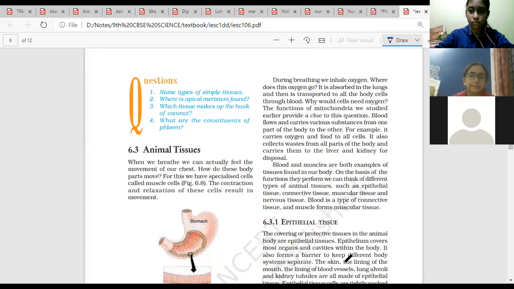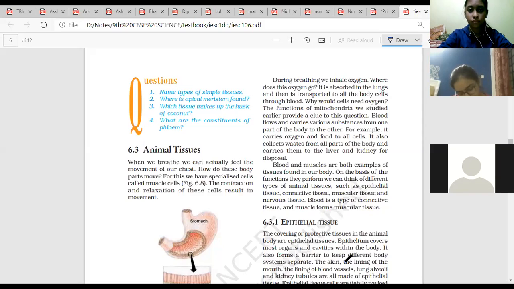Then there are stratified squamous epithelial. Then cuboidal, depending on the shapes of the cells, then columnar. Then there are glandular ones, with cilia present over them. Gland-like structures secrete some chemicals, so they are also called glandular.